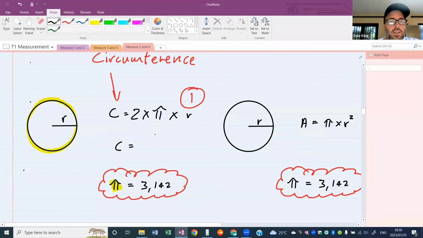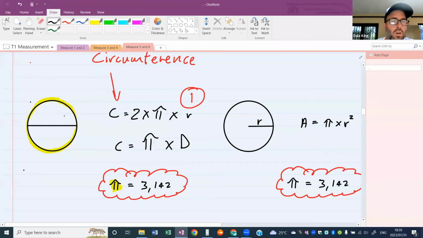Now, there is another formula, which is pi times d. Pi times d. Sometimes the d is written with a capital. Now d stands for diameter. The diameter of a circle is the line going through the center from one side all the way to the other side.